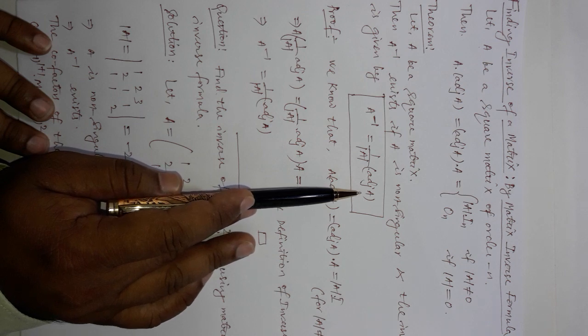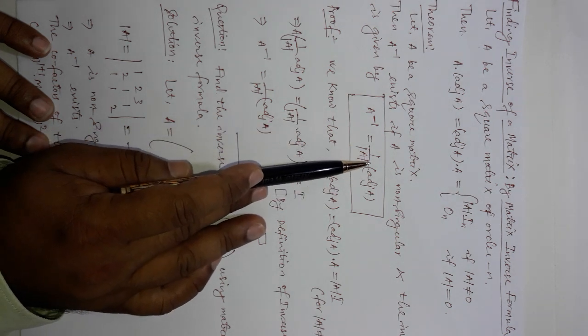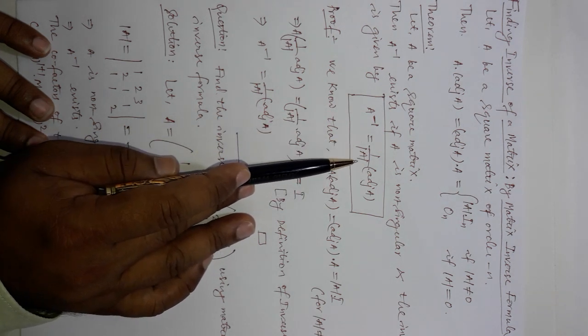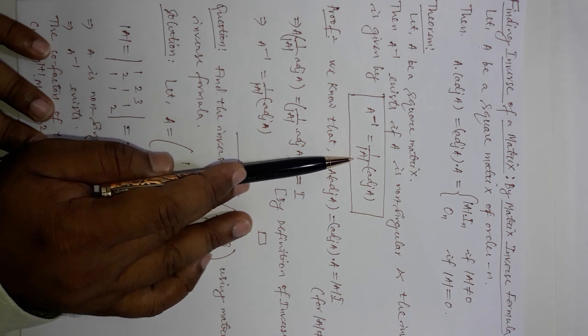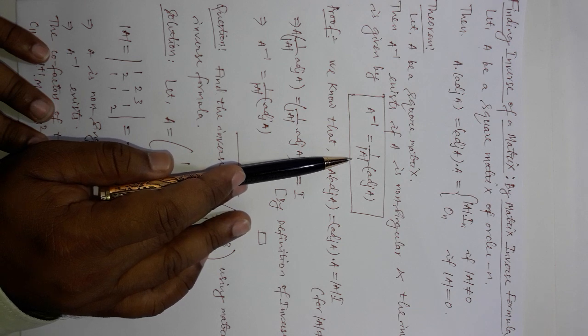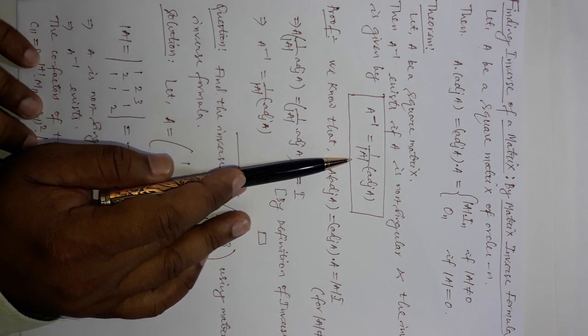But before calculating the inverse, first of all we have to find out the determinant of the matrix, and we have to check whether it is singular or non-singular. If it is singular, then the inverse will not exist, but if it is non-singular, if the determinant value is not 0, then we can go for the inverse of the matrix, because it will exist there.